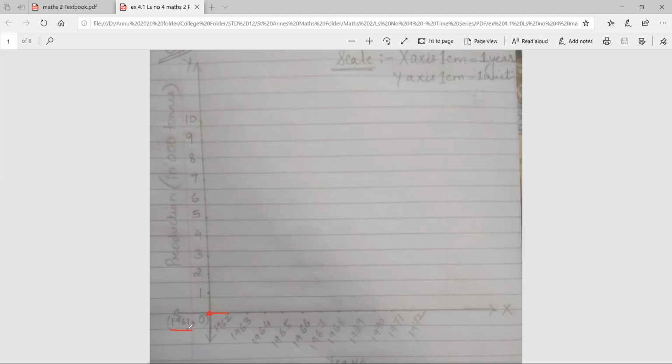In this way, it shows that 0 stands for the year 1961, and then 62, 63, 64, 65 continues. Are you clear with the first step, class? As soon as you see this kind of sums, this should be your first step: drawing both the axes, giving the names to both the axes, and putting the scale. This should be the very first thing.